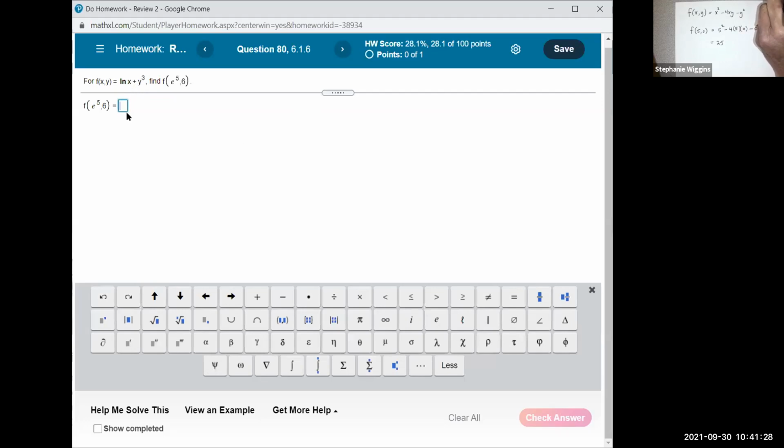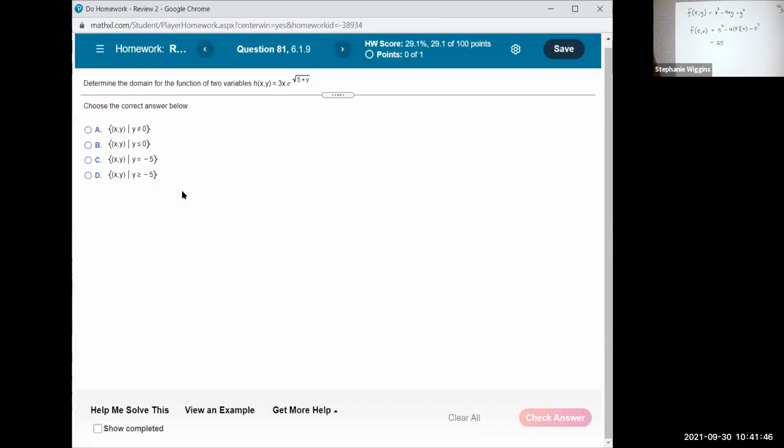Is that 216? Let me just check. 36 times 6, yeah, that's 216. Plus the 5 is going to be 221. Okay, so see how simple this is? Use your calculator if you have to.